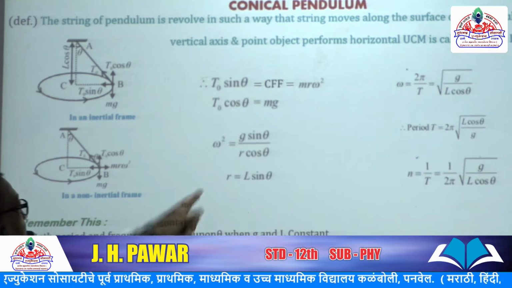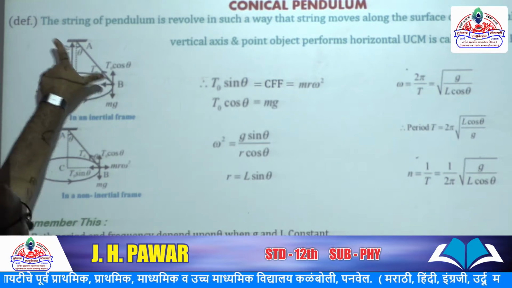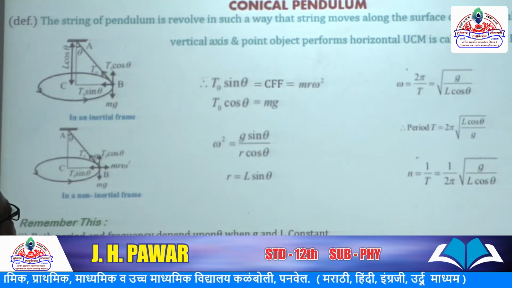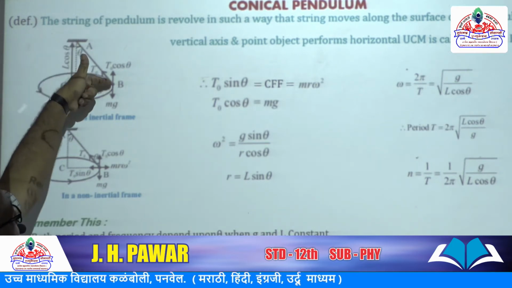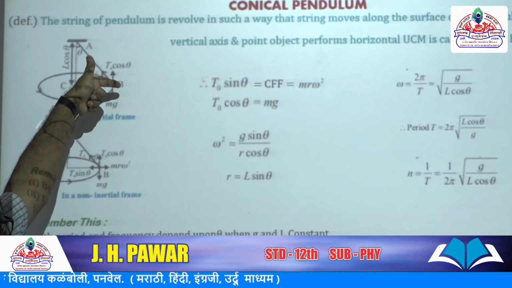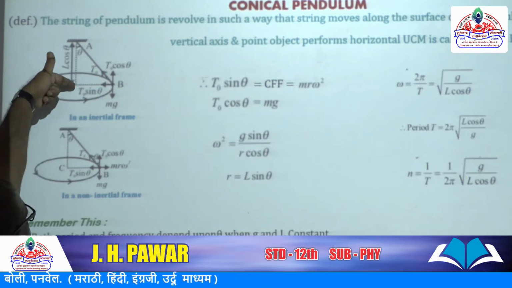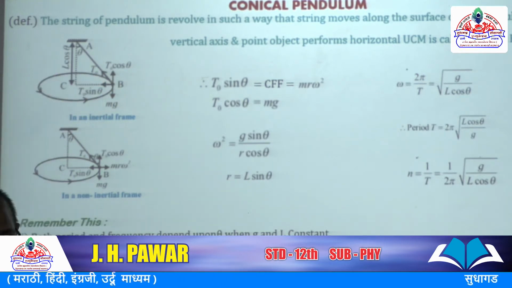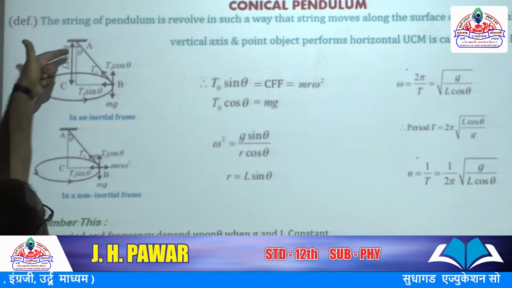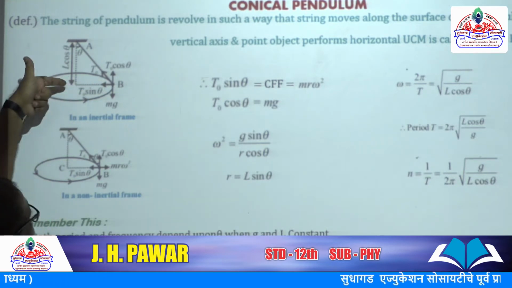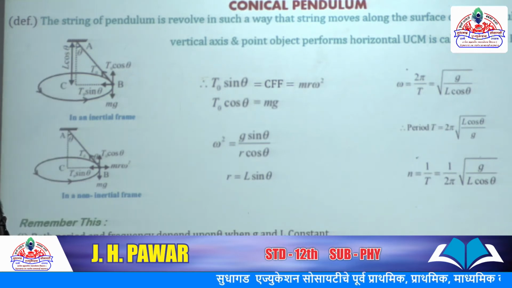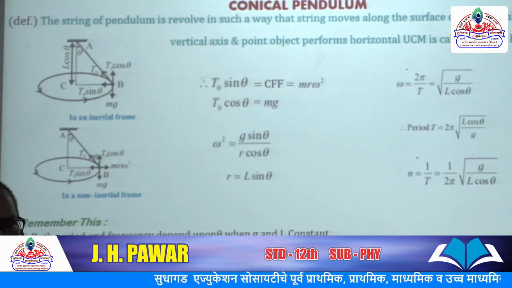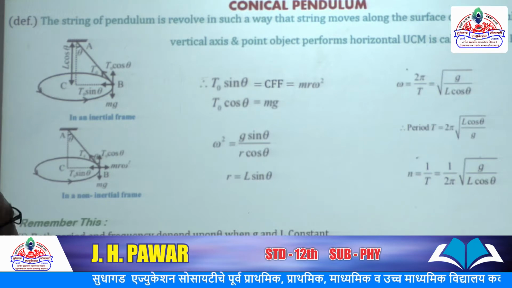Now, from the geometry of the figure, in triangle ABC, A is the point of suspension, B is the displaced position of the conical bob, and C is the center of the circular motion. Theta is the angle made by the string with the vertical.